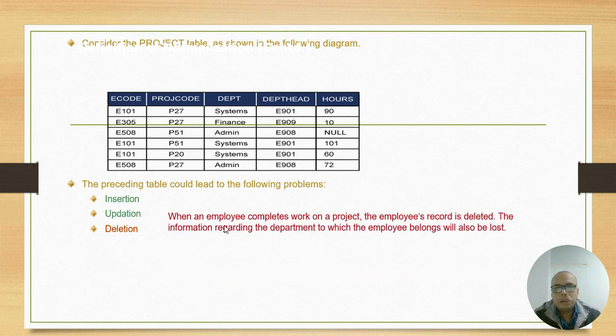When an employee completes work on a project, the employee record is deleted, and the information regarding the department to which the employee belongs will also be lost. Obviously, once the employee completes the project, if I no longer require the data in my database, I can delete it from my table, right?